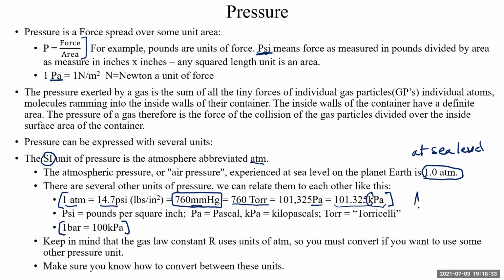Sometimes you get megapascals, and gigapascals. In fact, I have an example today. So you will see other metric prefixes in front of the pascal, and you will have to convert those units.